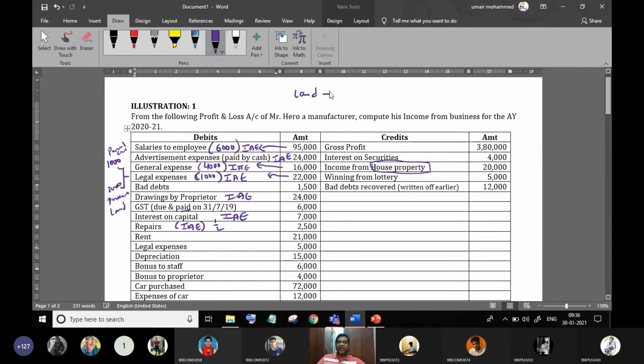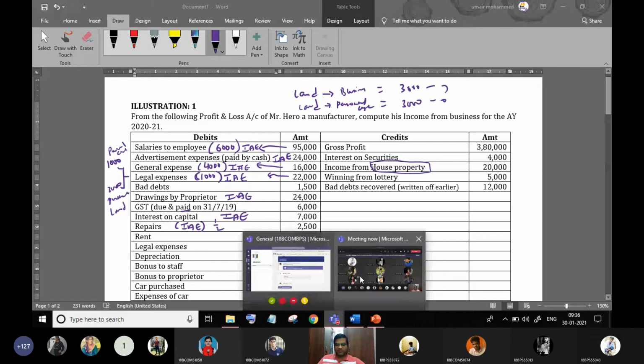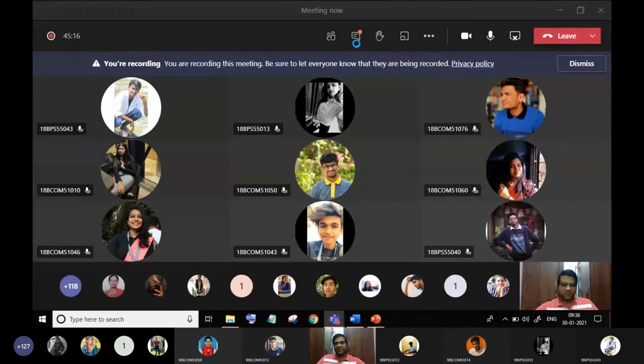And probably I may have purchased this land for business. So in this case, is 3,000 allowed? Or possibility number two, this land I have purchased for personal use. In this case, is it allowed? What do you think? Is this allowed or is this inadmissible?